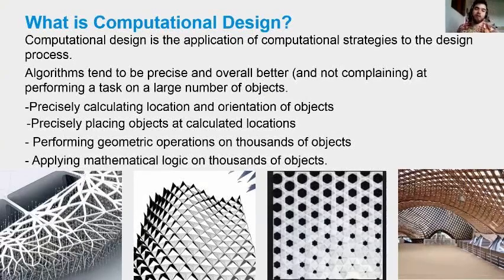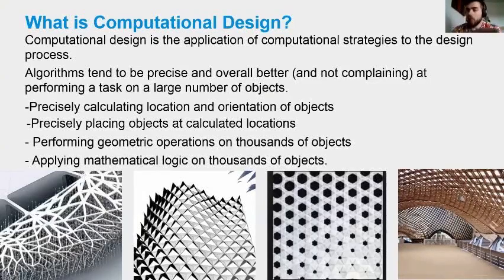For example, on these pictures you can see repetitive patterns. If you were to model this piece by piece, it would take a long time. We can also precisely calculate the location and orientation of objects.